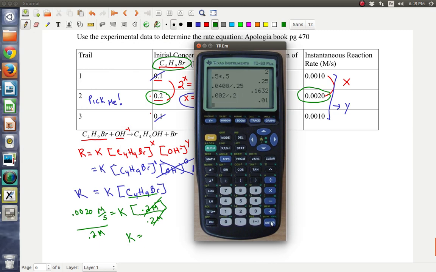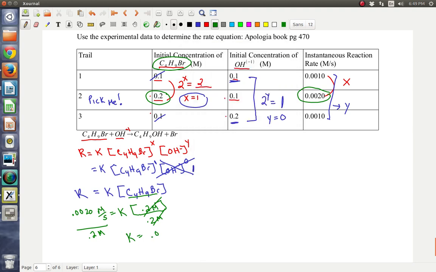I only need one significant figure right here because there's only one significant figure in one of them, while this number has two significant figures. So 0.01 is okay. That's the numbers portion of the problem.